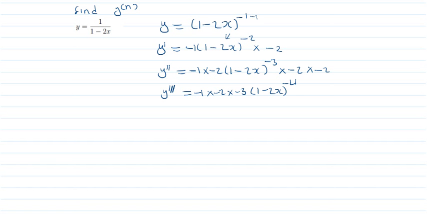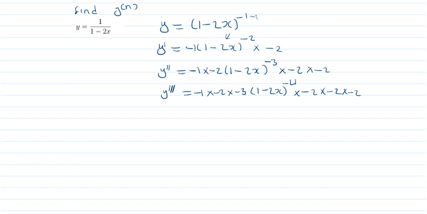To this one, we multiply by the differentiation of the inside. Here we already have 2 of them, so it will be negative 2 multiplied by negative 2 multiplied by another negative 2 when you differentiate the inside. Some of us can already see the pattern that is being formed.